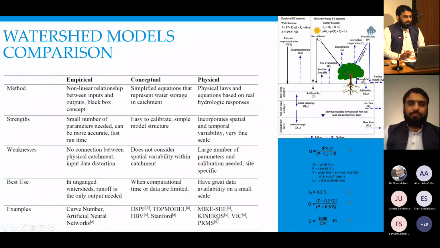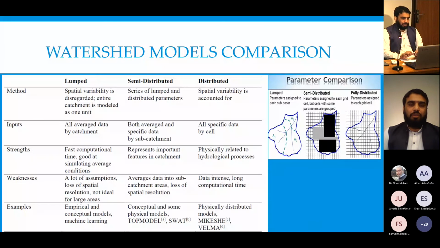Whereas the comparison based on space, the selection of the models, is lumped, semi-distributed, and distributed. In a lumped model, the whole catchment is considered as one unit, whereas in the semi-distributed, the whole catchment is divided into cells, but some cells are combined together.